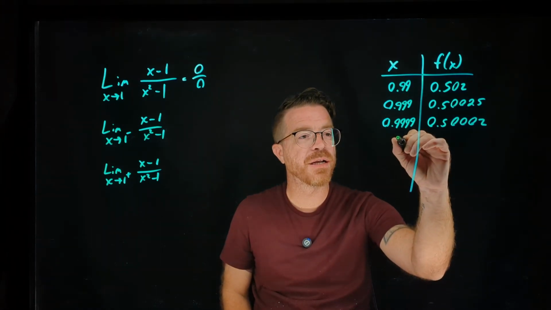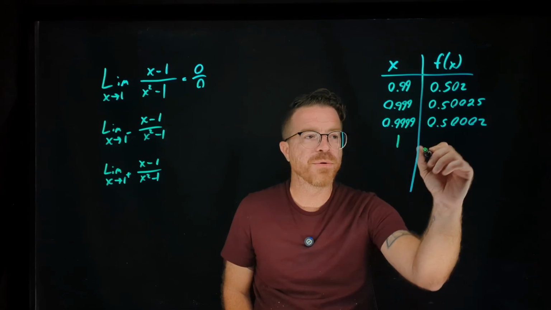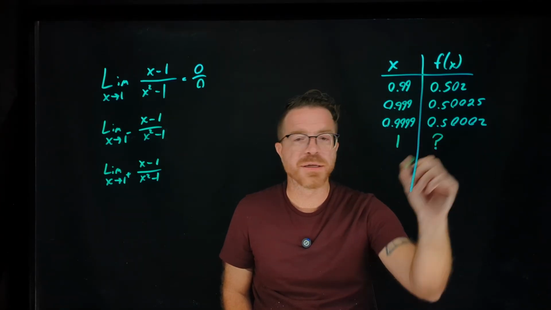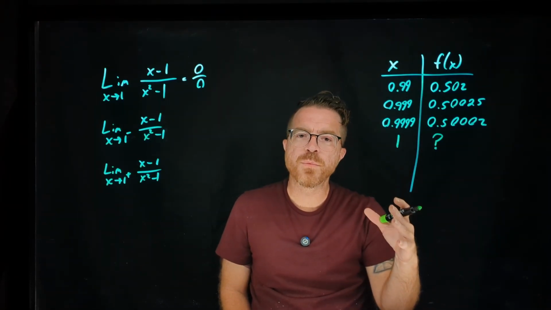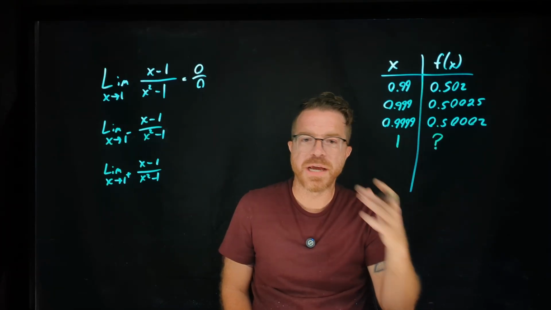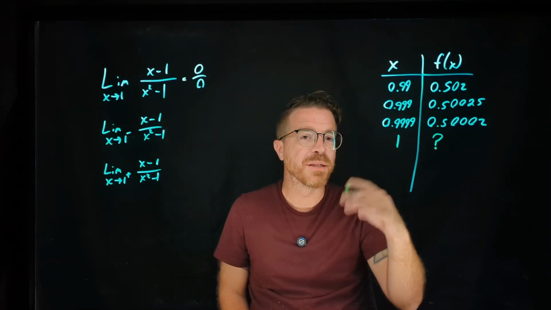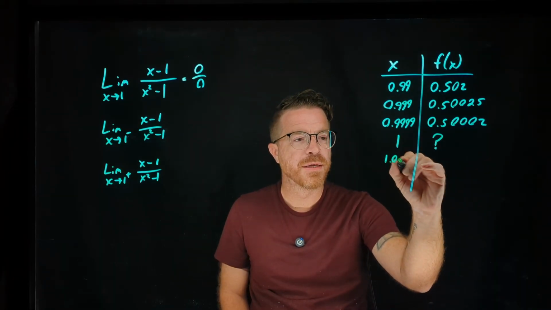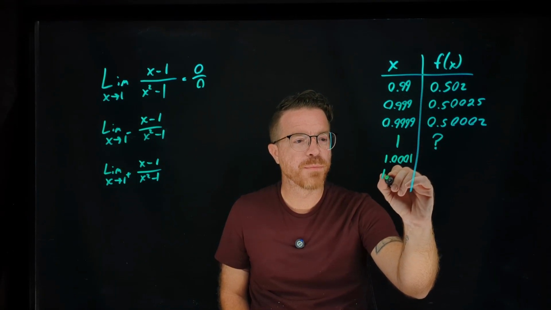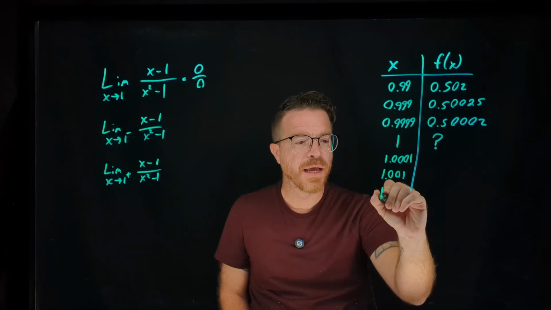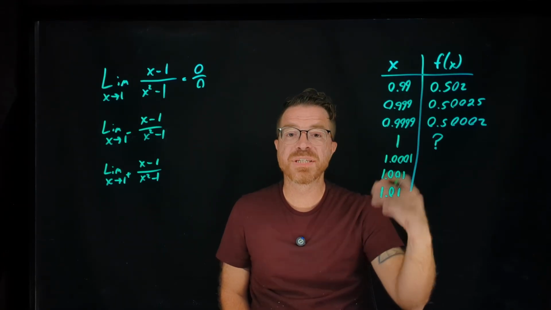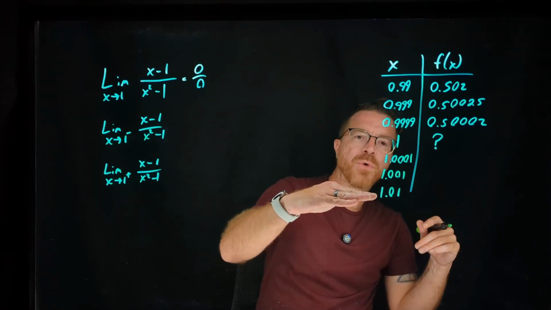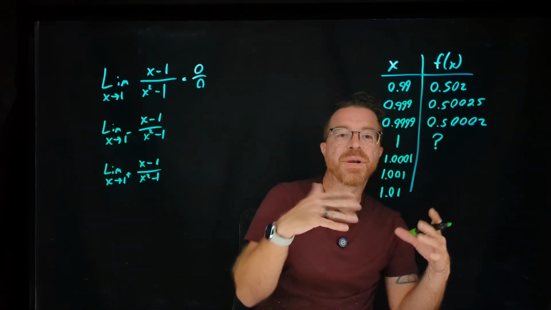Now, of course, we talked about how if I plugged in 1, this is indeterminate, so we have no idea what's happening there. So now let's look at what this function might be approaching as we approach from the right. So we're going to be a little bit bigger than 1. Let's say we do 1.0001, 1.001, and 1.01. We'll do the same sort of operation. We're starting fairly close, and we're getting closer, and let's see what happens.